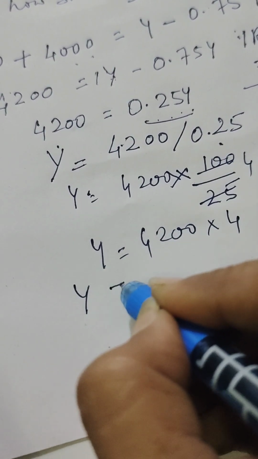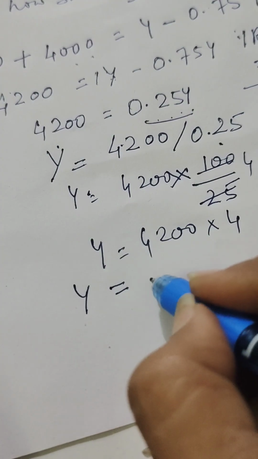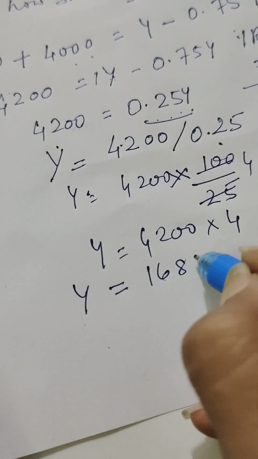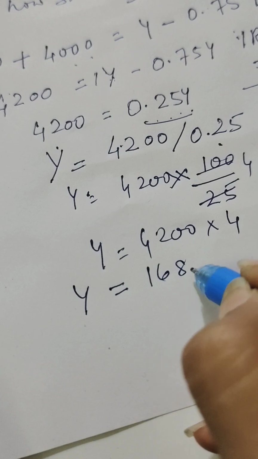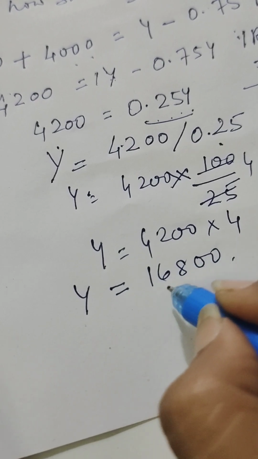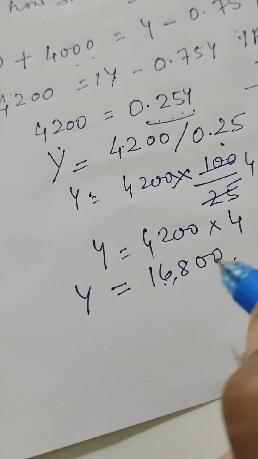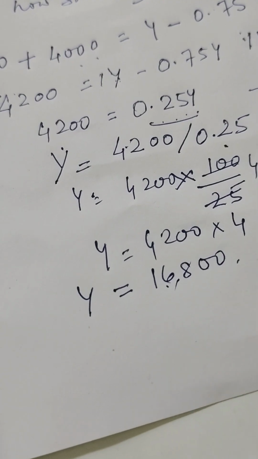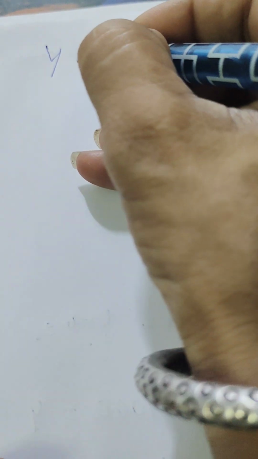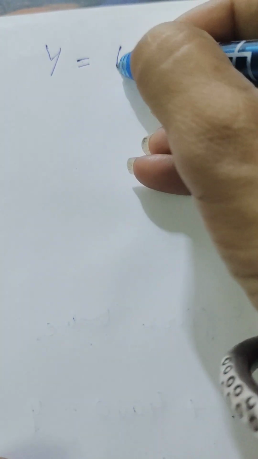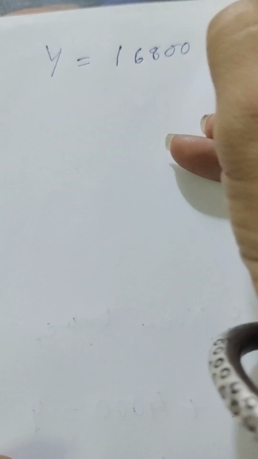So y is equal to 16,800. Okay, so this is how it is. What is the income that we've calculated? Income is equal to 16,800.